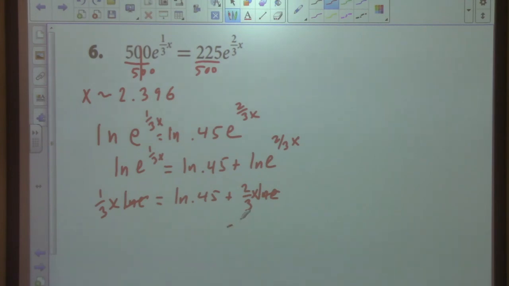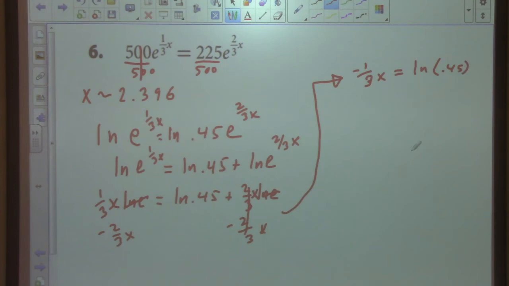So you subtract 2/3 x, and those will go away. So we have, on the left now, negative 1/3 x equals ln of 0.45. So x equals ln of 0.45 over negative 1/3.